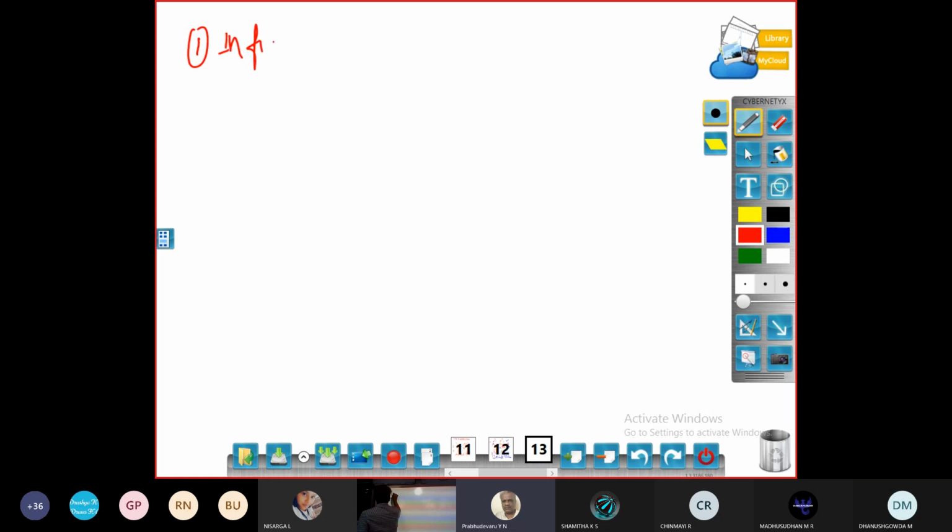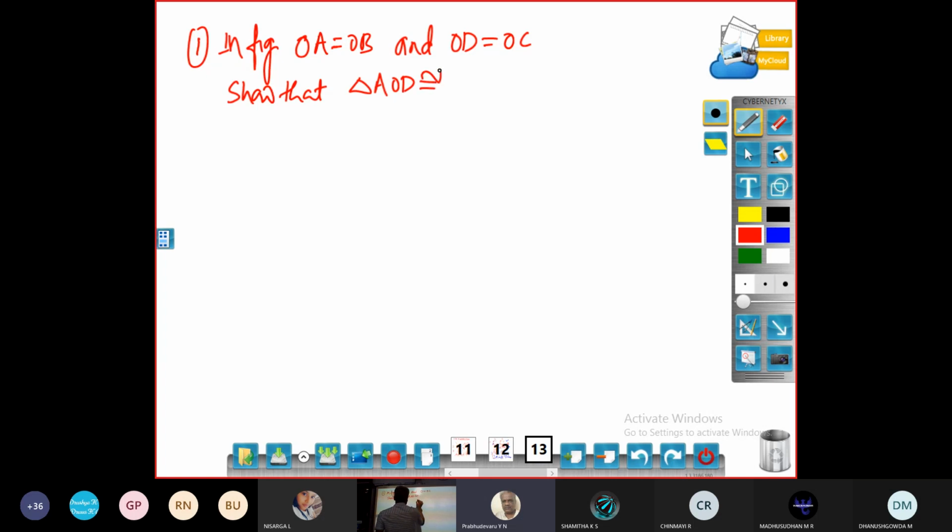In the figure, OA is equal to OB and OD is equal to OC. Show that triangle AOD is congruent to triangle BOC. This is the first one. In the second one, show that AD is parallel to BC.